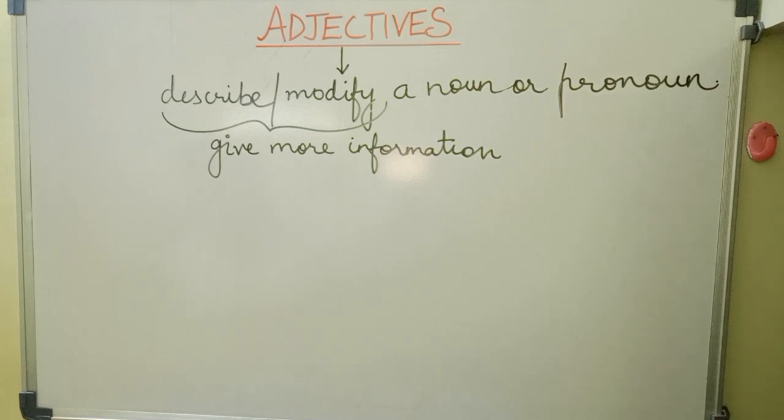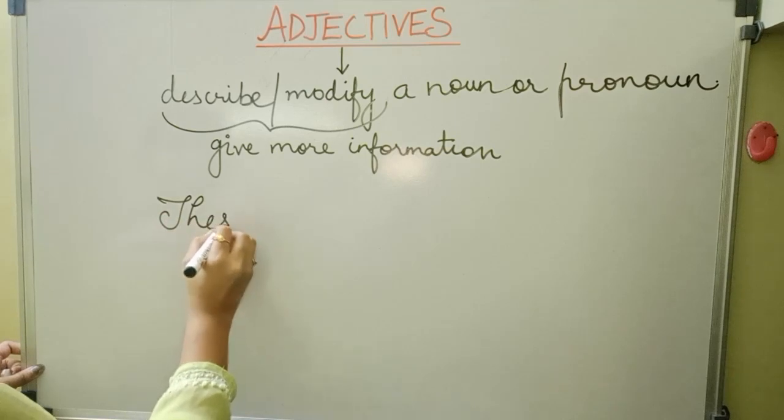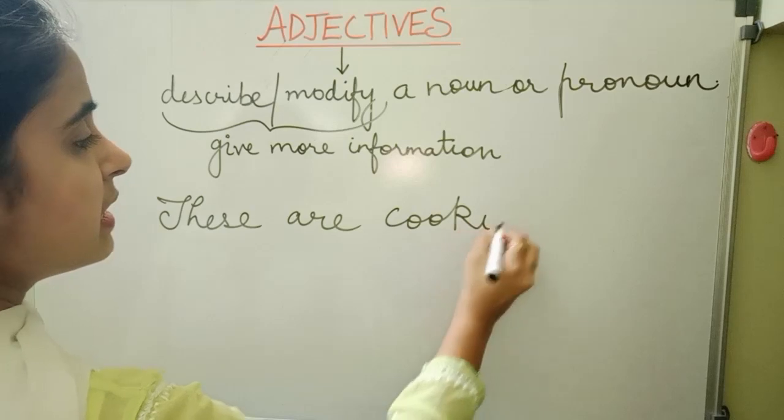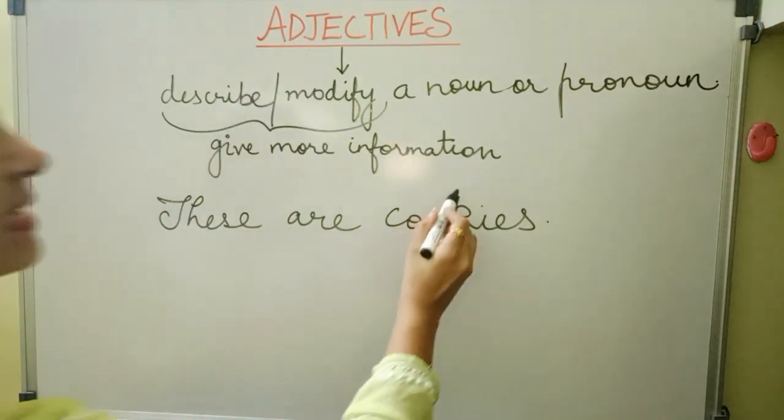Now look at this example. If I say, these are cookies. Now in this sentence, what is a noun? The noun is cookies.